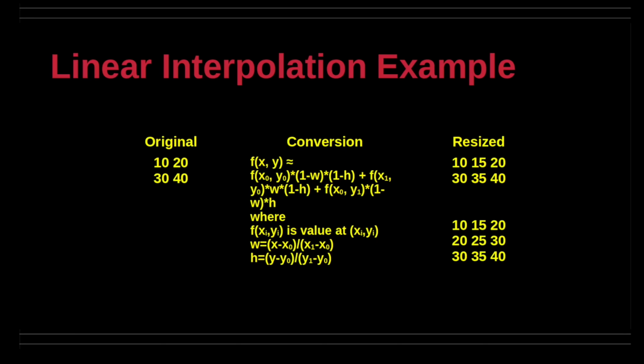We get 15 and 35 respectively in the middle column. In the second operation, we add the numbers in the top and bottom rows and divide by 2 to obtain 20, 25, and 30 in the middle row.